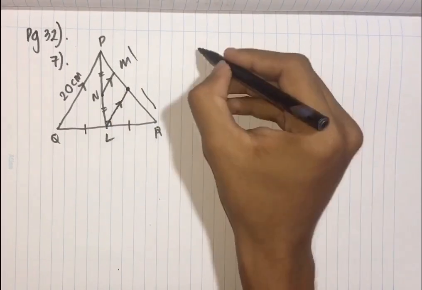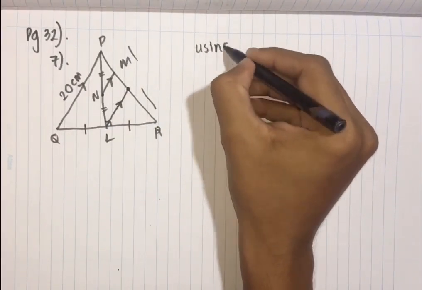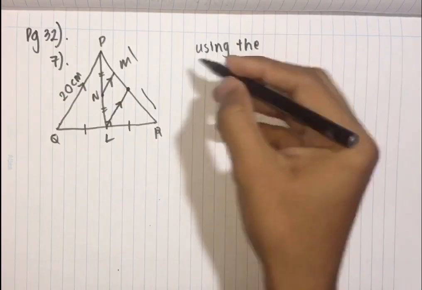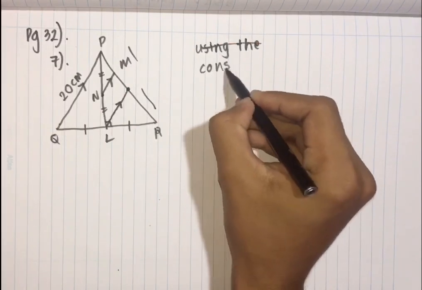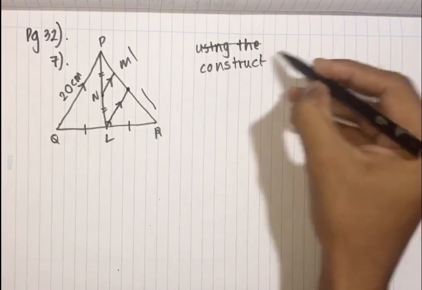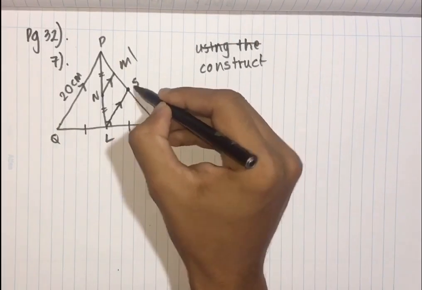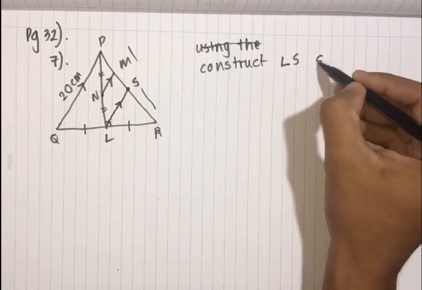Now using this triangle, you have to write the construction also. Construct LS such that all that.